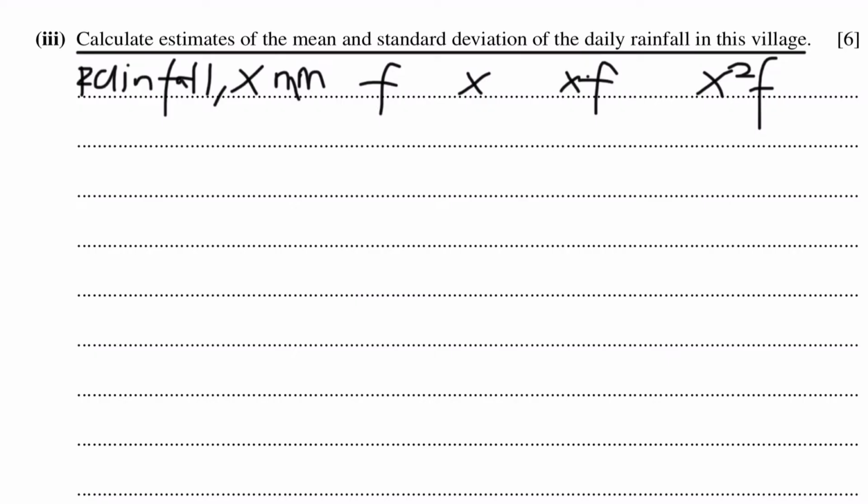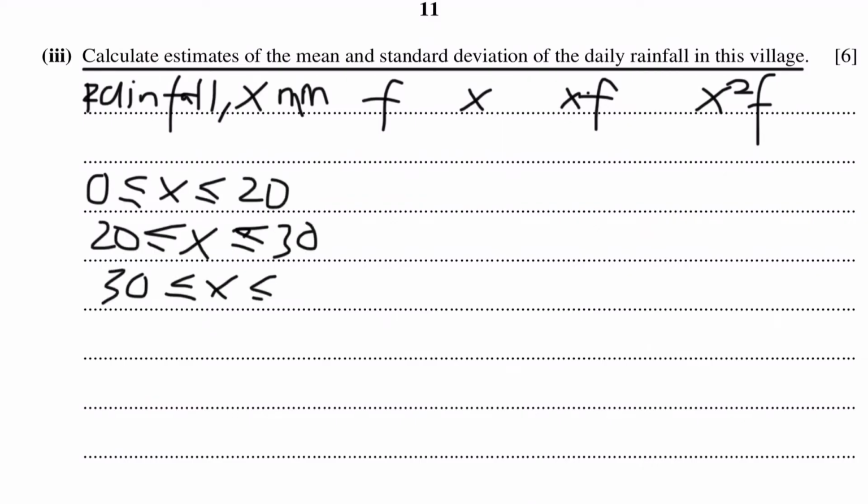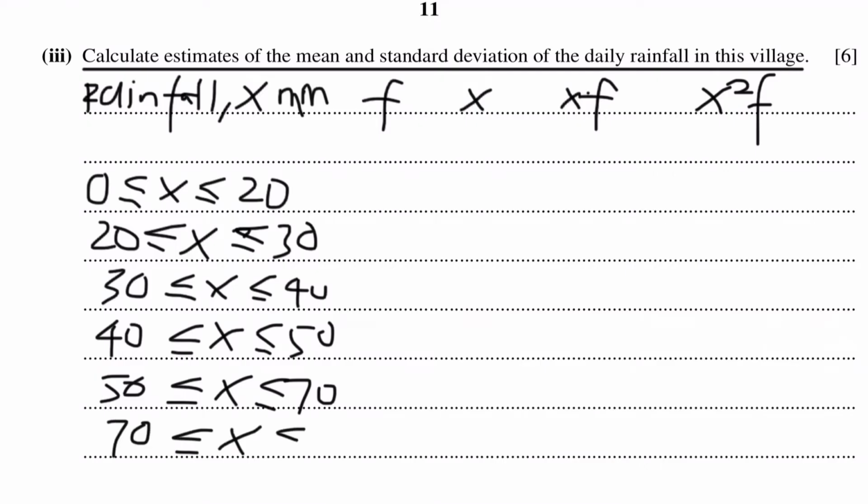So for x smaller than or equal to 20, I can just write 0. I can add 0 in front of it. To find x, you have to calculate from the graph.